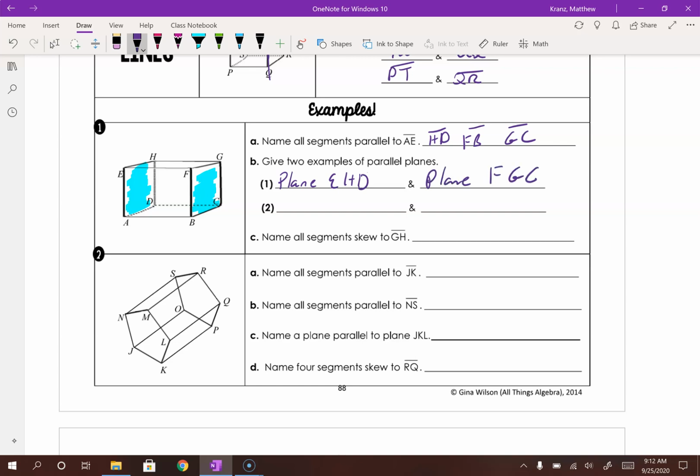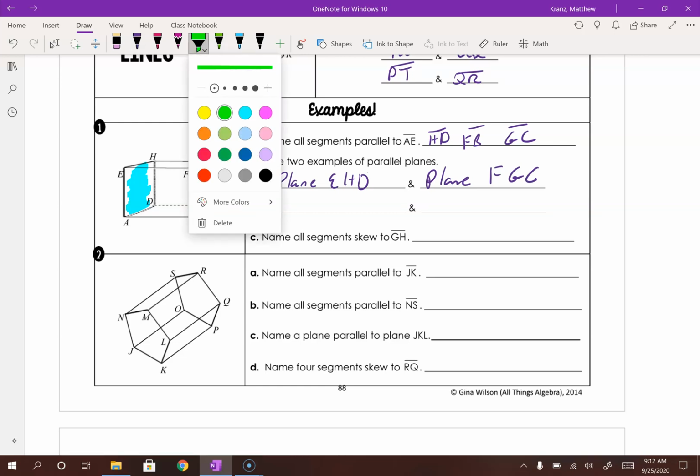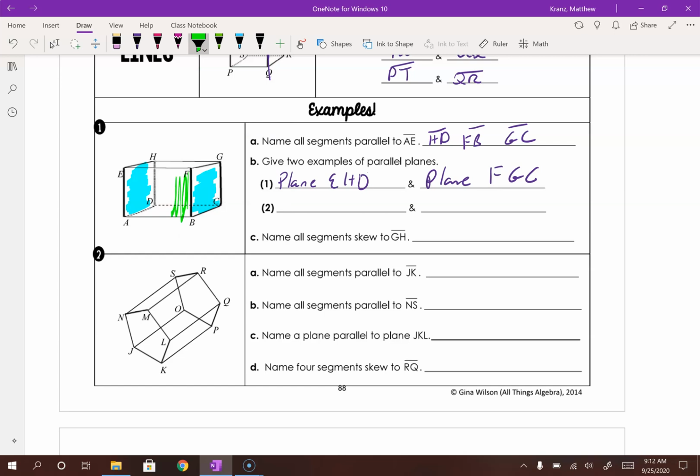Planes have 3 letters to name them. Another example might be the front of the box and the back of the box. So you have plane AEF and plane HGC.